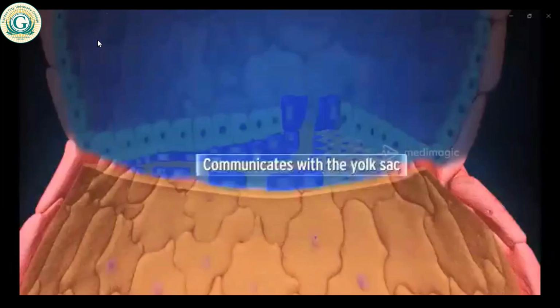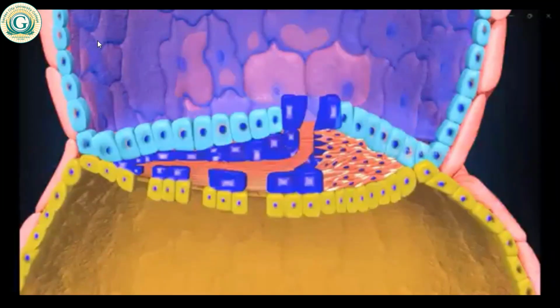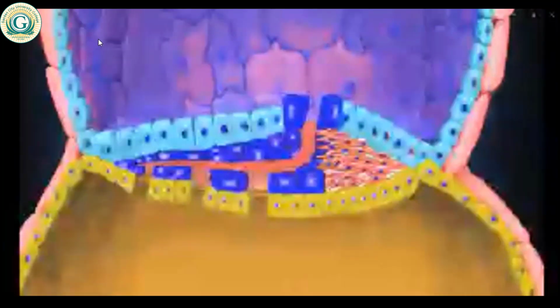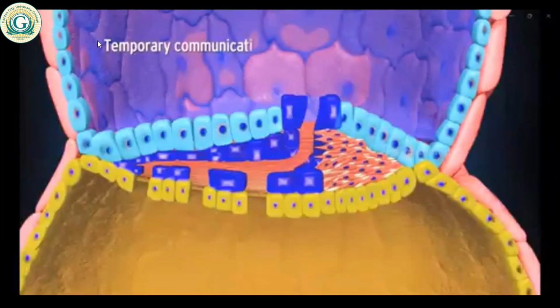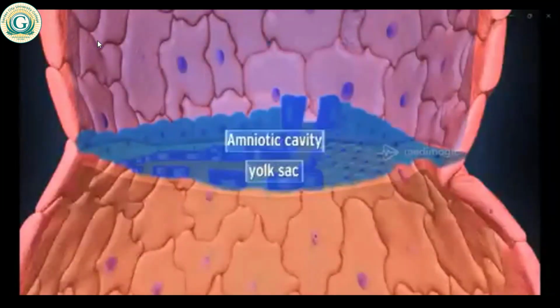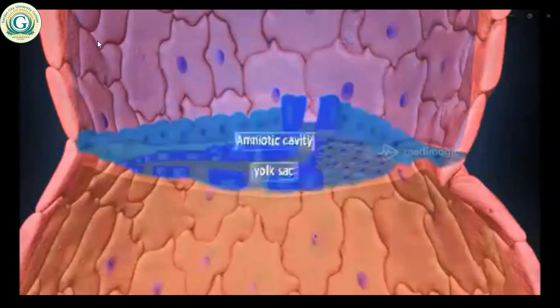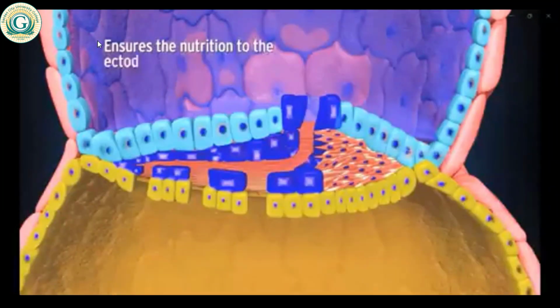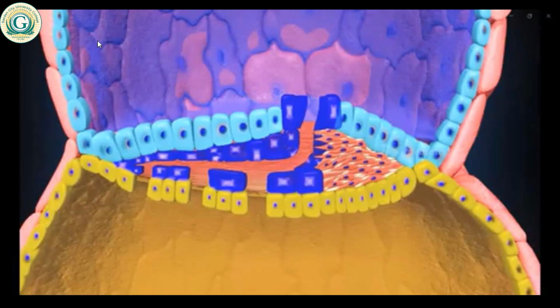Through the primitive pit, the notochordal canal also communicates with the amniotic cavity. Thus, a temporary communication between yolk sac and amniotic cavity is established. This communication ensures the nutrition to the ectodermal surface of the germ disc till the formation of blood vessels.